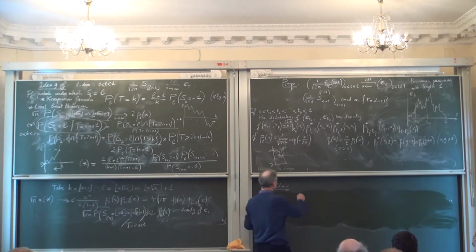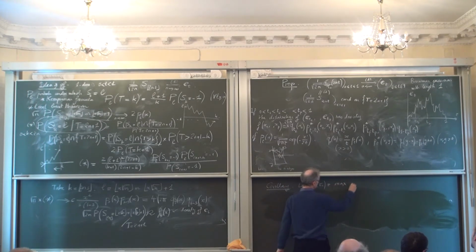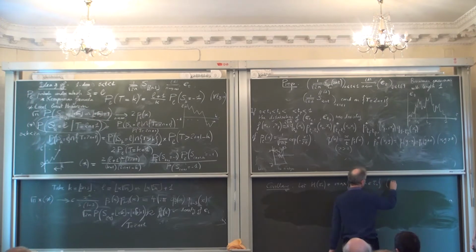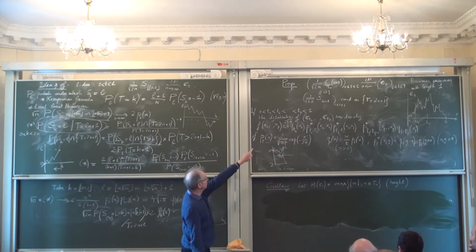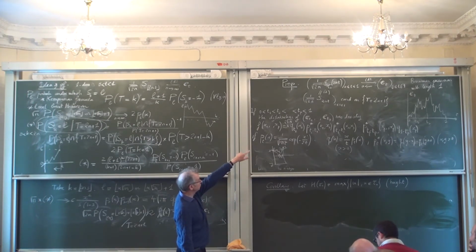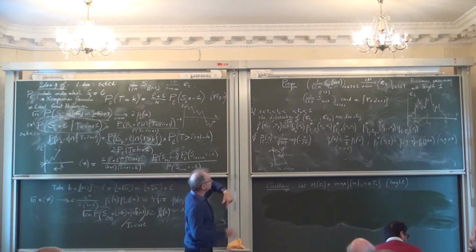So let h of tau n be the maximum of the generation of u belonging to tau n. So this is just the usual notion of the height of a tree. And it turns out that this is the same as the maximum of the contour function. It's also very easy to see by definition.